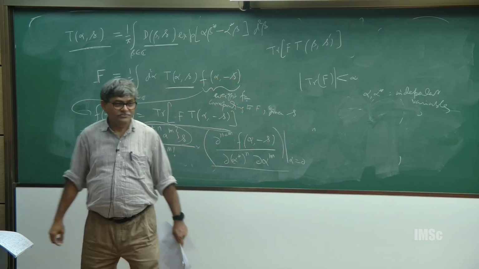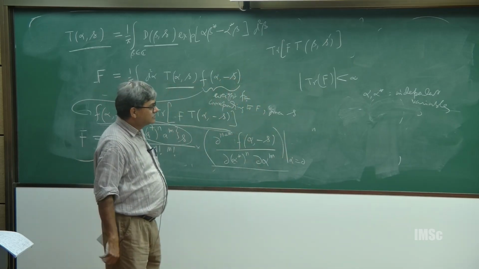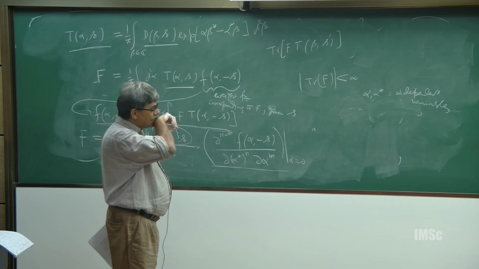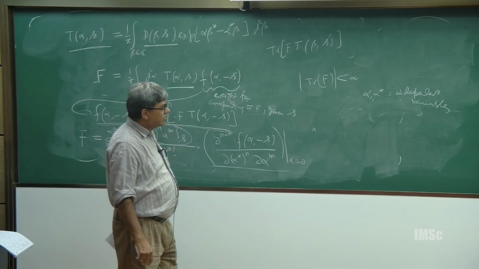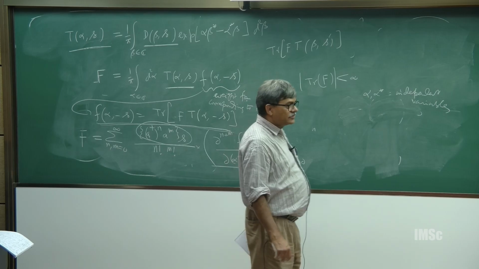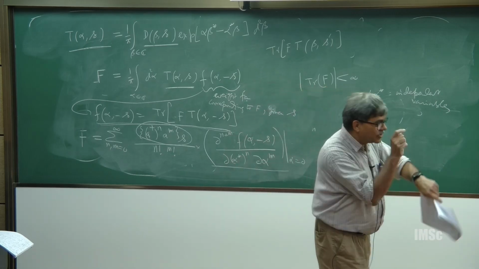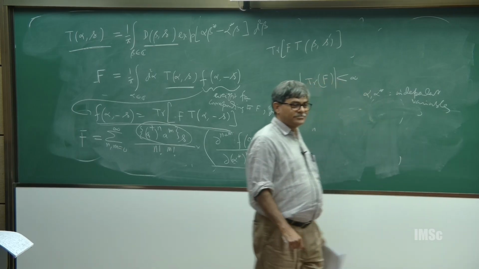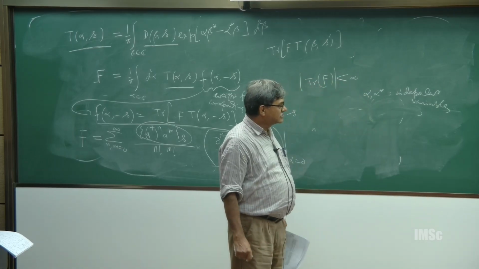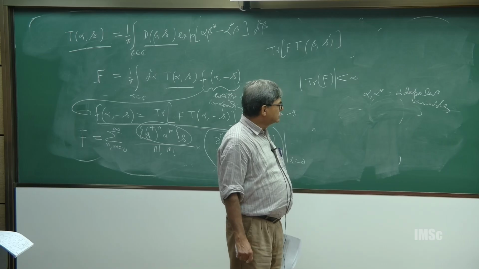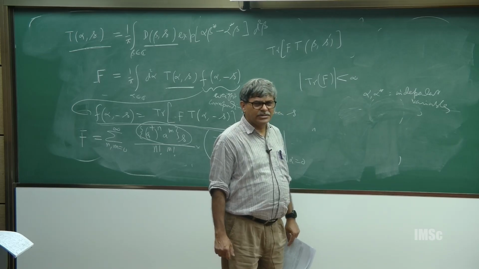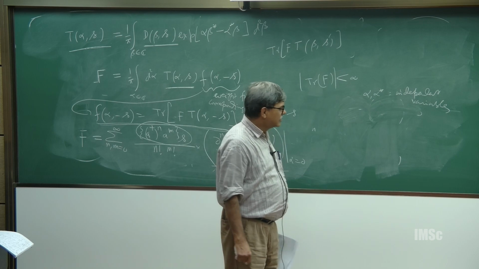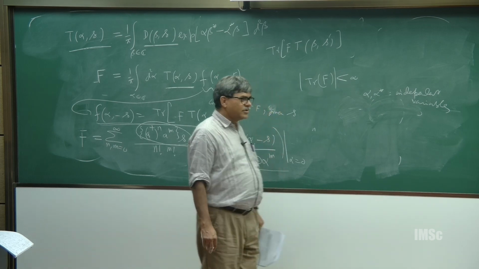Then what about your integration? You always write this d square alpha, right? Should it not be d alpha star for the integration? I mean, you told that alpha and alpha star should be there.